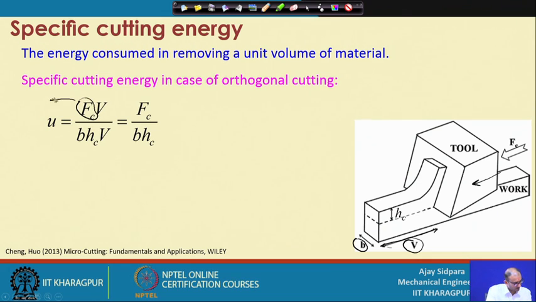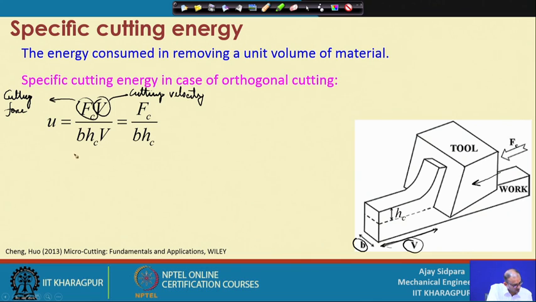So, Fc is the cutting force, this is the cutting velocity, and this is the B into HC.